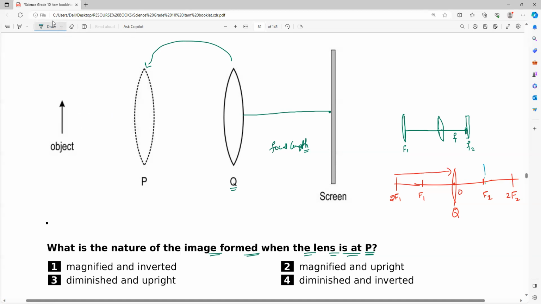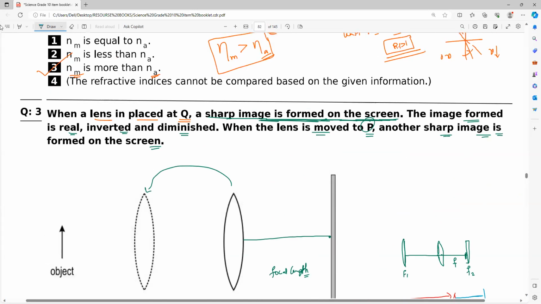Where is the screen? The screen is at F2. Am I right, everyone? So what is the characteristic they are saying? The image is a real, inverted, and diminished image.